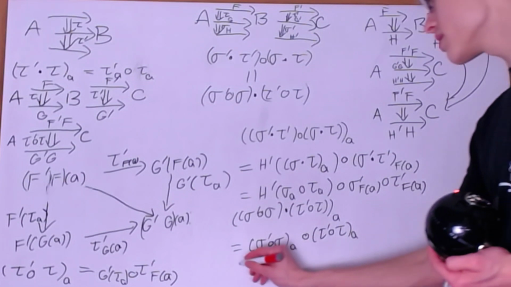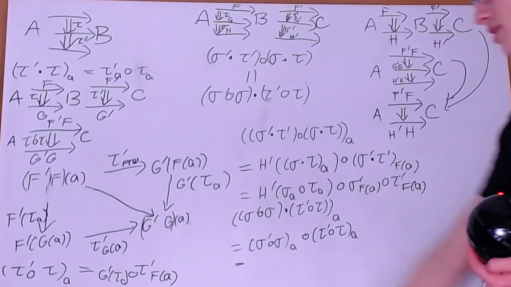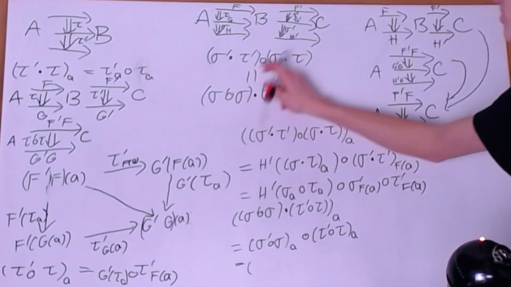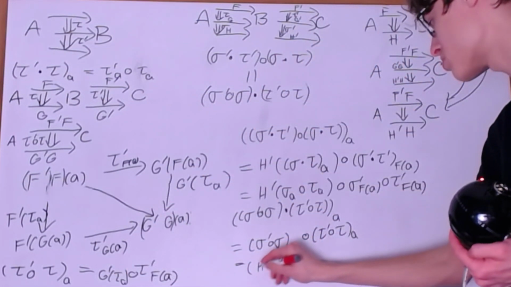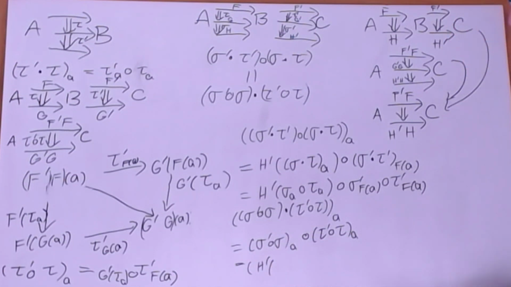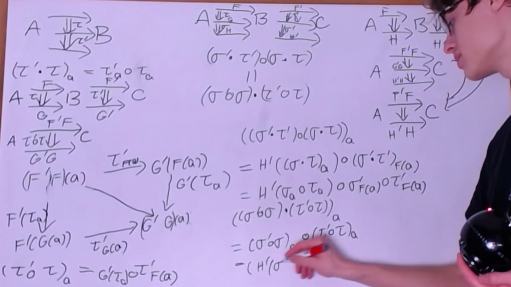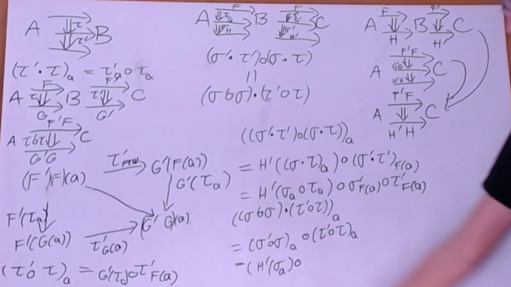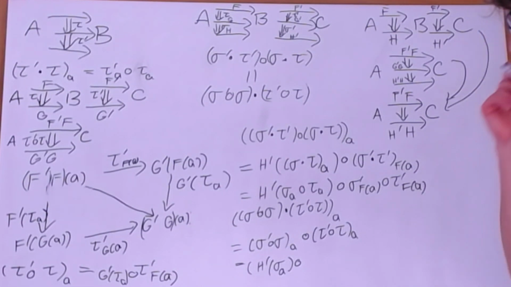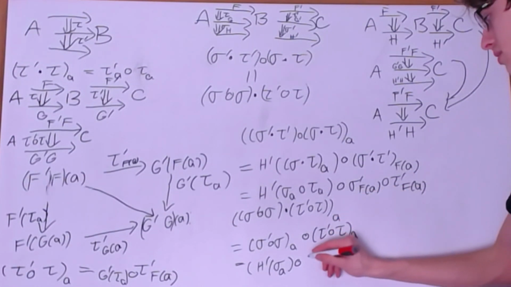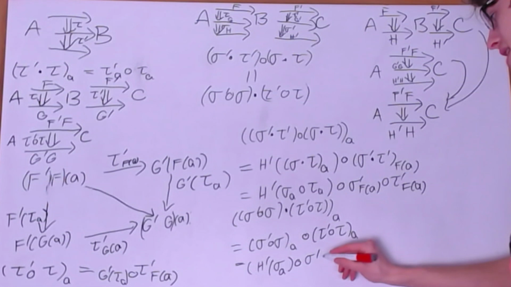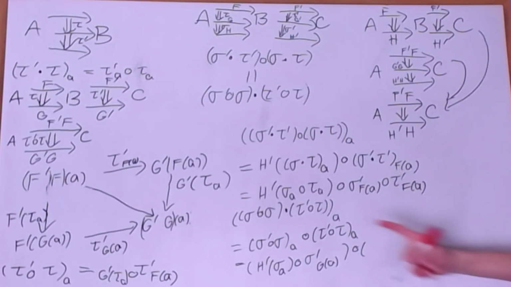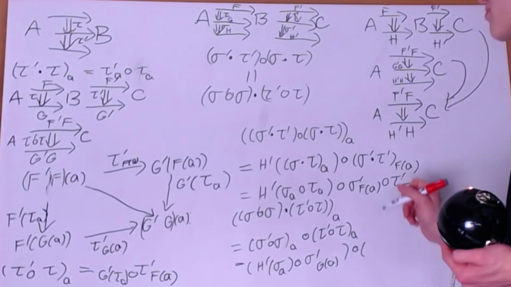So let's go ahead and just plug these into the definition again. So for this first one, what do we get out? Well, G prime in this case is H prime, so I do H prime, and I apply that to, well, that's the first one, sigma, at the point A, and I compose that with, well, this one's going to be tau prime, which is sigma prime, at F of A, which is really G of A. And then I compose that with, now let's go ahead and do the same thing with this one.